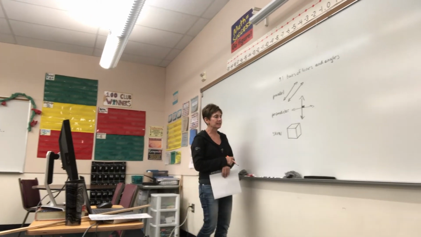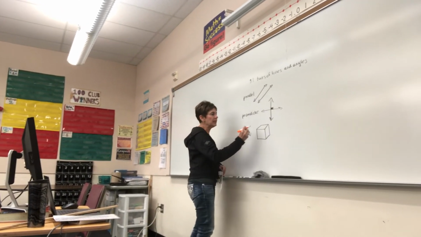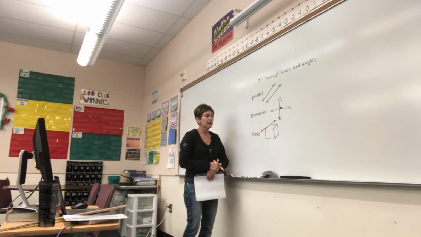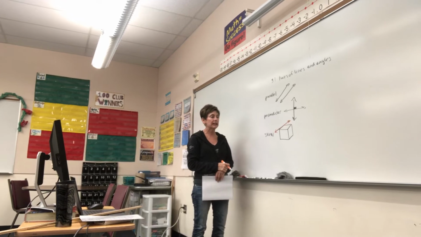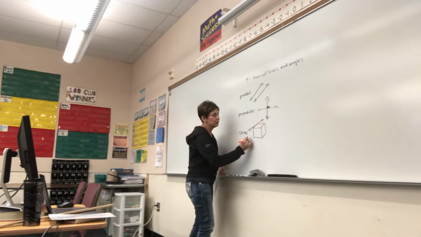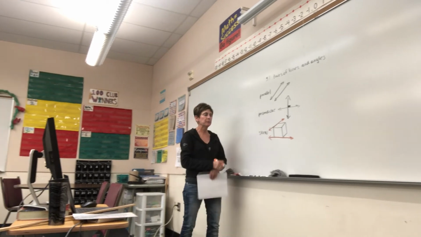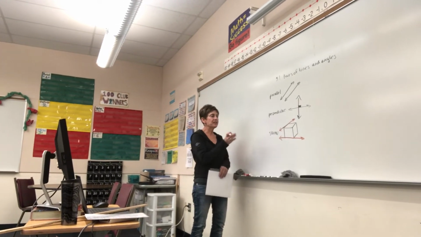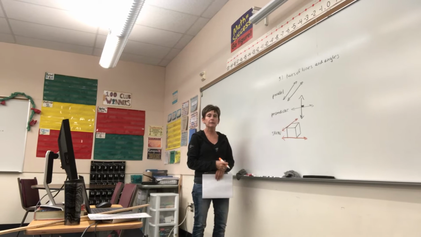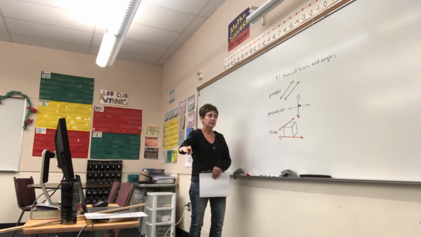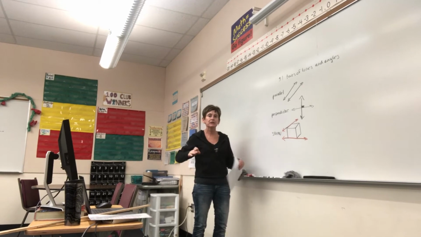Let me show you an example here. If I drew my pen through the top of this box, that could be considered to be one line here. If I drew my pen through the bottom of the box, not in the same plane, that line would never end up touching the other line because one's going across the top of the box, the other is going across the bottom, but they're pointing in different directions.